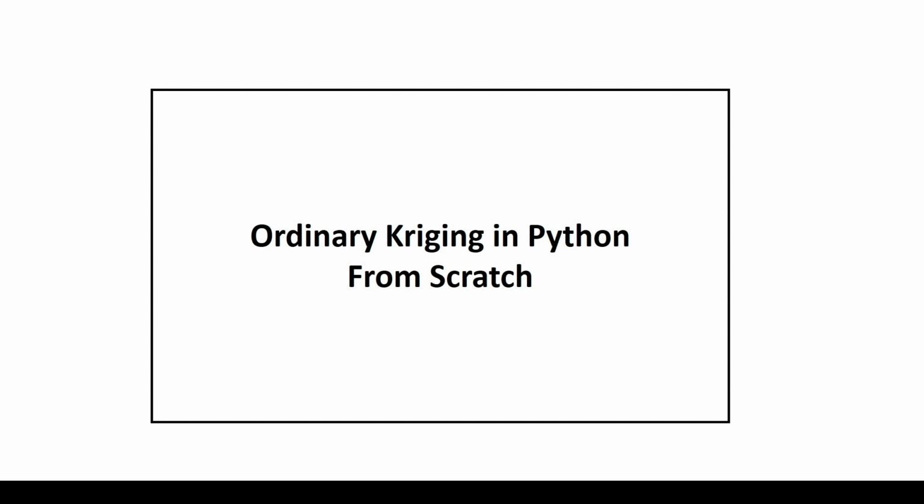So in this tutorial, we are going to assume that we have a spherical model, and that we've done the modeling and we already have the nugget, the sill, the range, and so on. And all we have to do is apply that semivariance equation to whatever lag distance we have to get the semivariance value for that specific one. So these are the assumptions that we're going to use, and without further ado, let's get started.